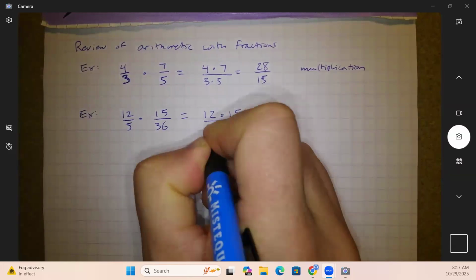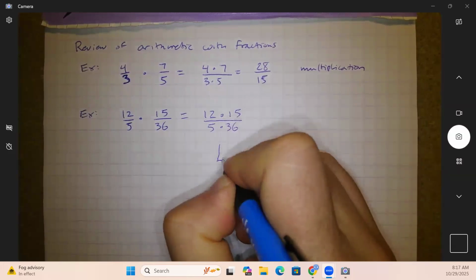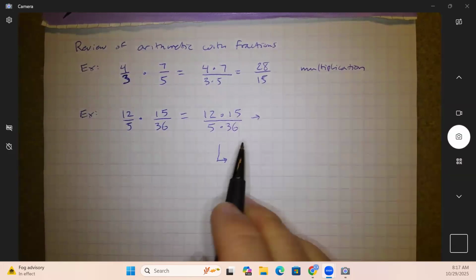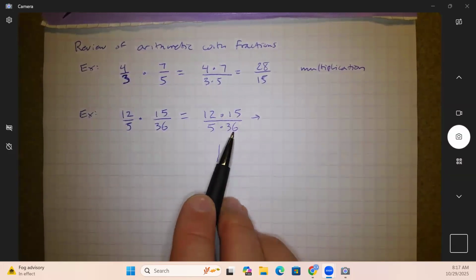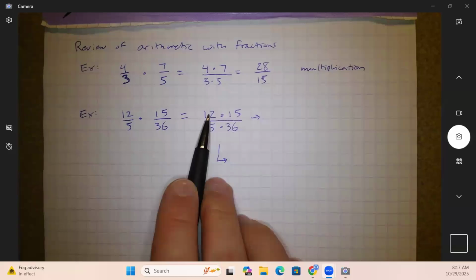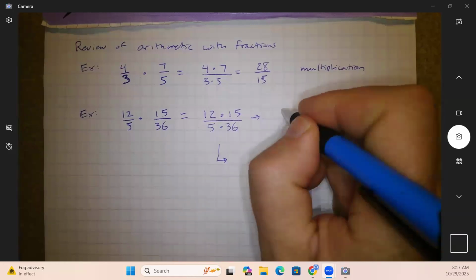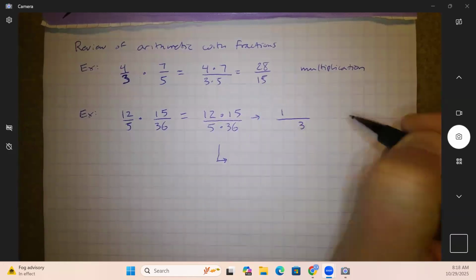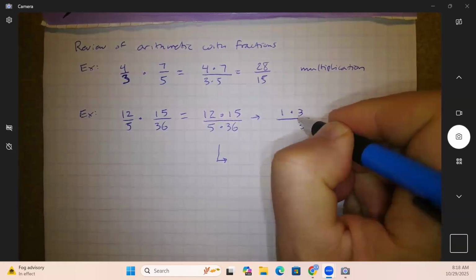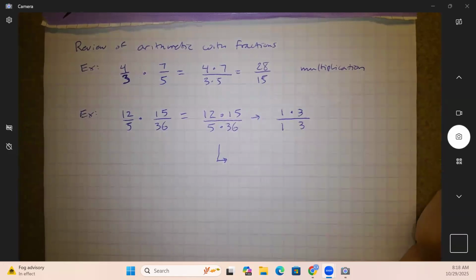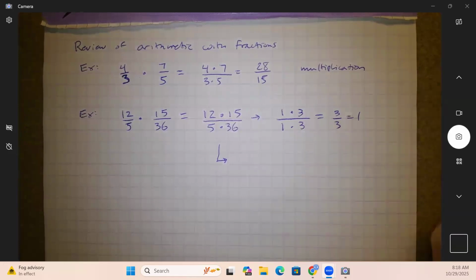You can do the reduction before or after. So let's do them 2 ways. I kind of like the before. 12 divided by 36. Notice I've got a 12 and a 36 here. That is actually equal to 1 and 3. And the 15 is actually equal to 3 and 1. So this whole thing is 3 over 3, which is 1.